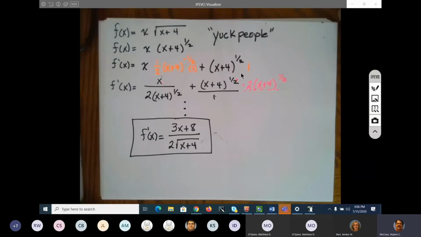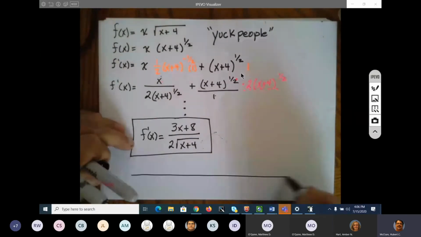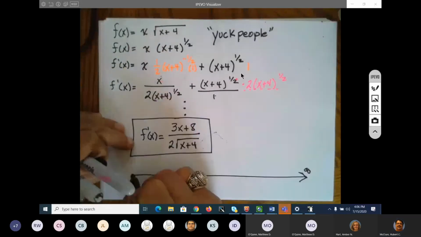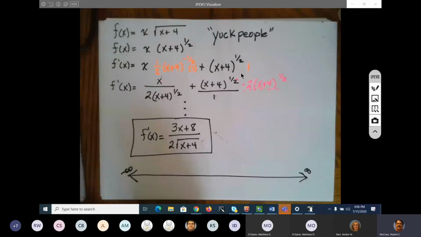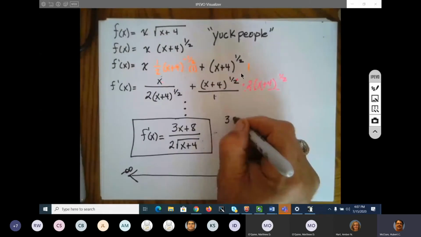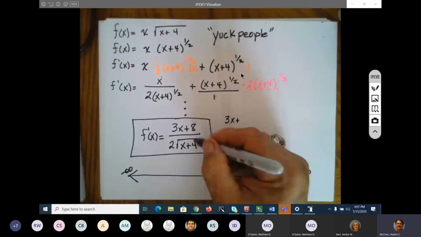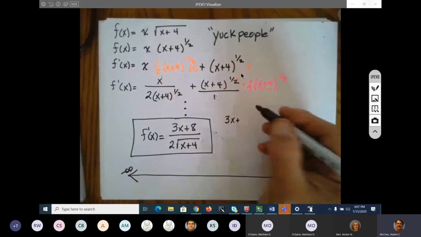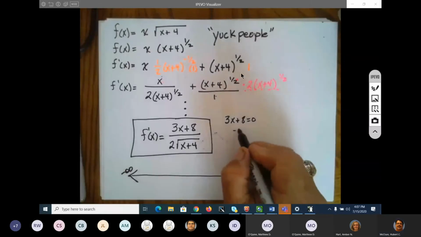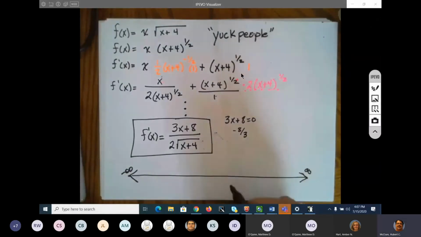All right, now here's our number line. And now we've got a fraction here, so I've got to set the numerator equal to 0, because that'll give me 0. 3x plus 8 is equal to 0, which will give me negative 8/3. Check my math.